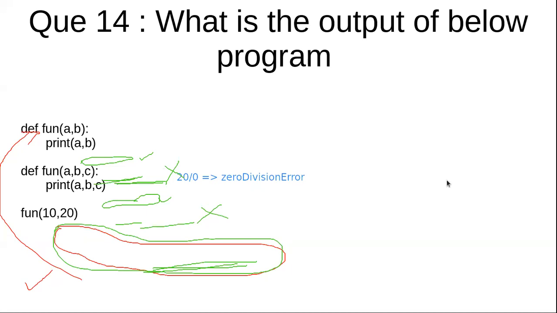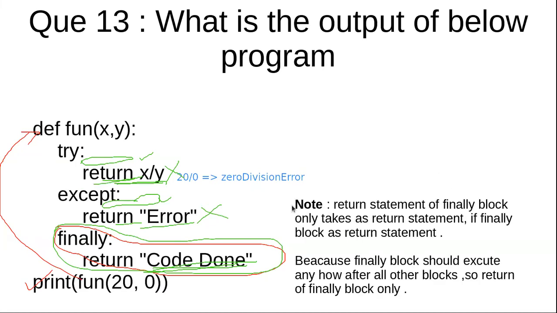Note that only the return statement of the finally block is taken as the return statement. The other return statements will not work, because the finally block should execute anyhow after all the other blocks: try, except, and else. So we only need to consider the return of the finally block.